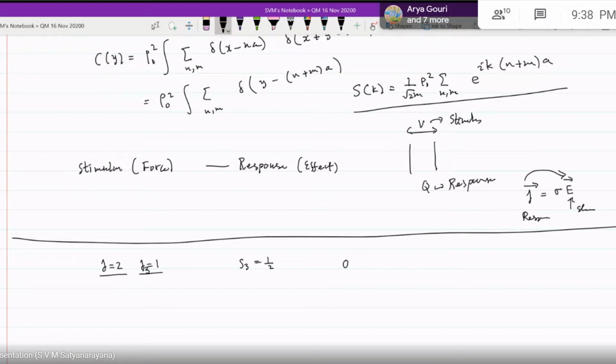Options are 2 by 5, 2 by 3, 1 by 5, 1 by 3.